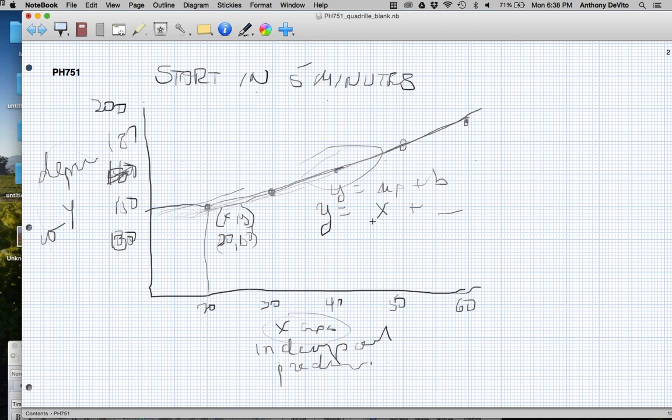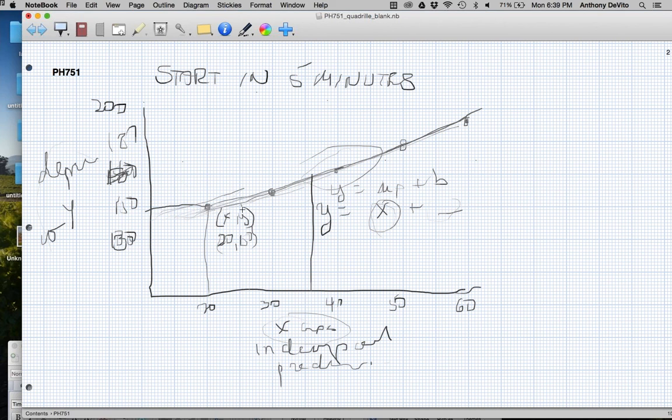We can write a formula that represents this line. Since it's a perfect straight line, if we got a person that's 35 years old, we can plug in 35 for x and predict exactly what that person's weight is going to be. This never happens in real life. There's never going to be a perfect correlation.